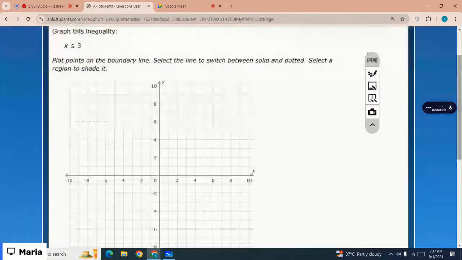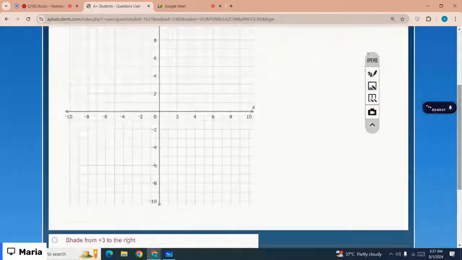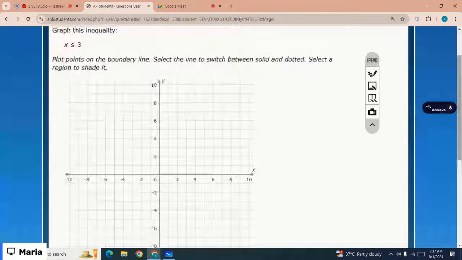Graph the inequality x is less than or equal to 3. So which is the correct option?